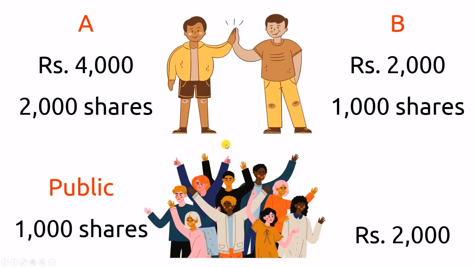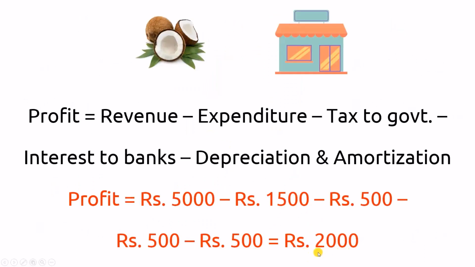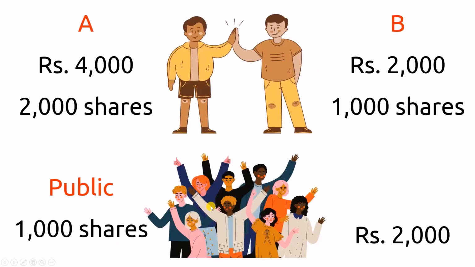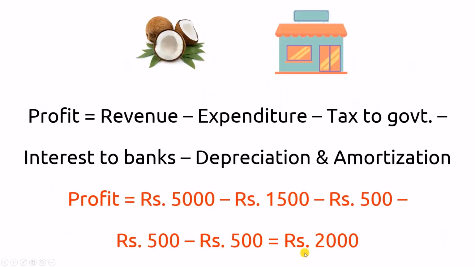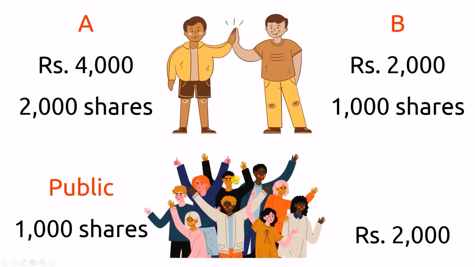Now, there are three options that the company has. One is to entirely distribute 2000 rupees to the stockholders. They can divide this equally among the shareholders or stockholders and distribute it to them.